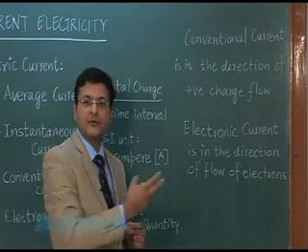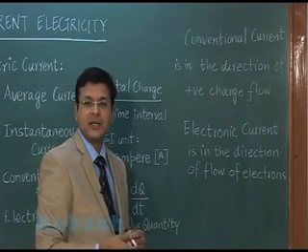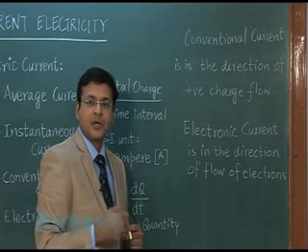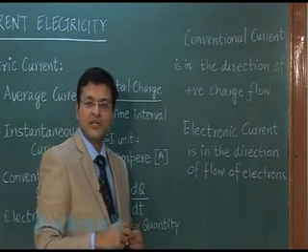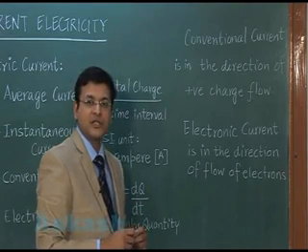Then the flow of positive charge will be treated as the conventional current, but the current due to electrons, if you convert that current into conventional current, then both of them will have opposite direction.